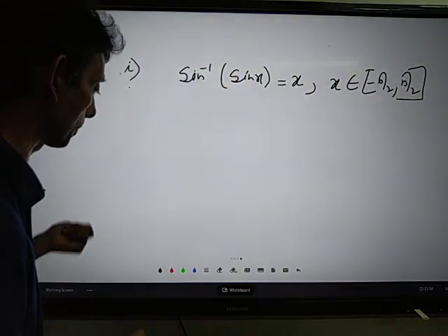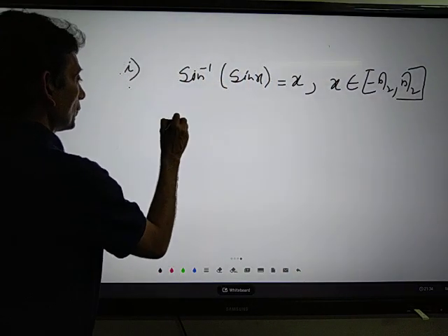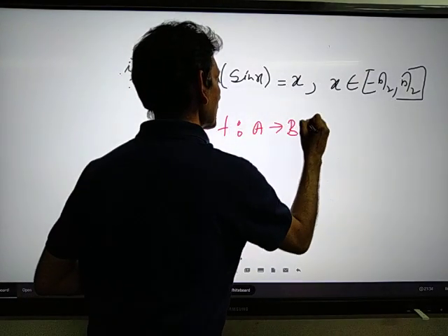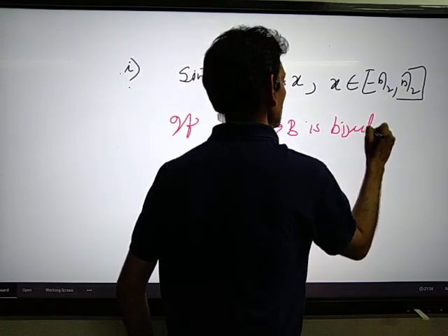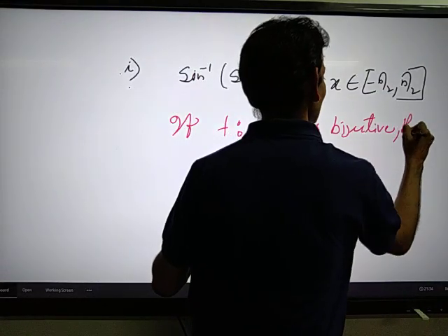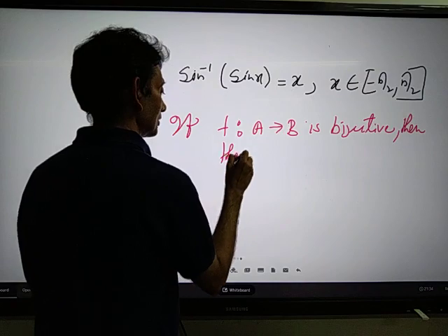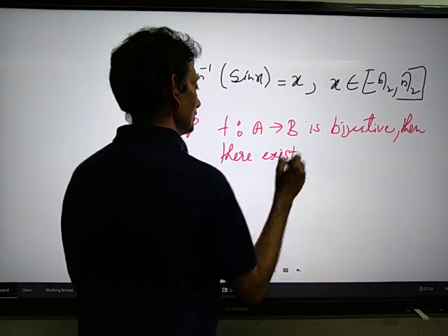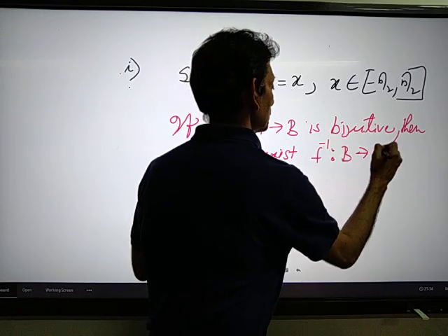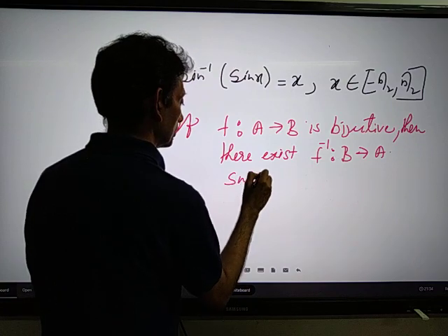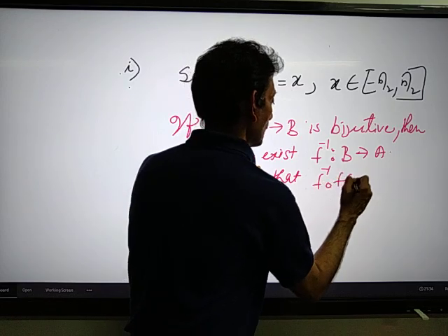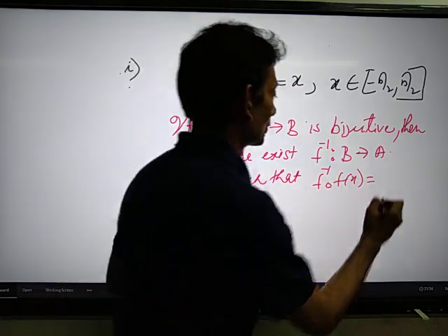Let me just repeat that property. If f is a function from A to B and is bijective, bijective means one-one and onto, then there exists another function f inverse from codomain to domain such that f inverse of f of x is always equal to x.